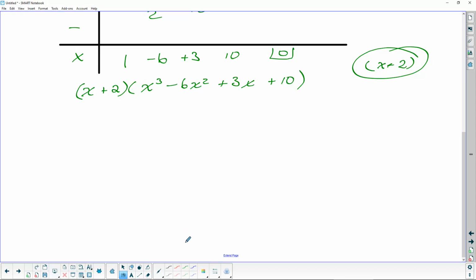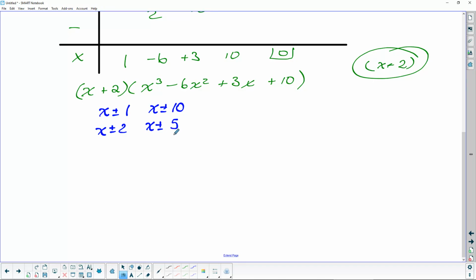So our possible factors, I'm going to change color so that we know we're doing a second step here. We're going to look at this one. So we got x plus or minus 1, x plus or minus 10. That's 1 times 10. X plus or minus 2, x plus or minus 5.